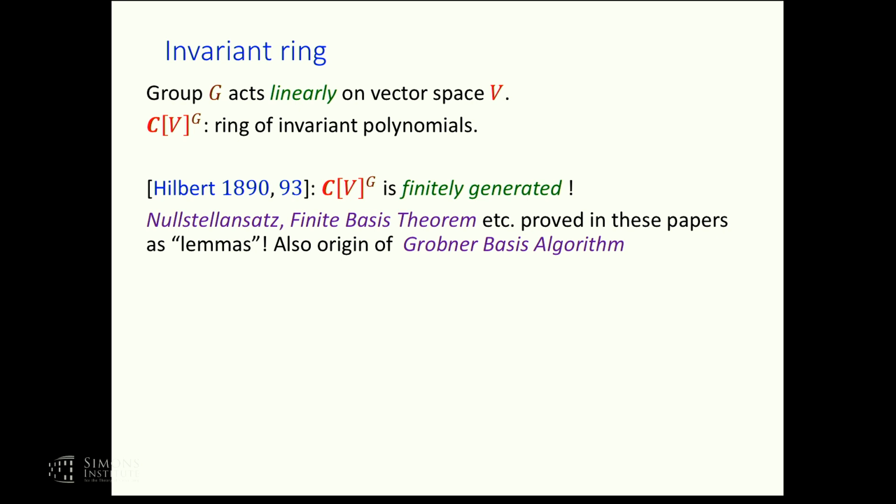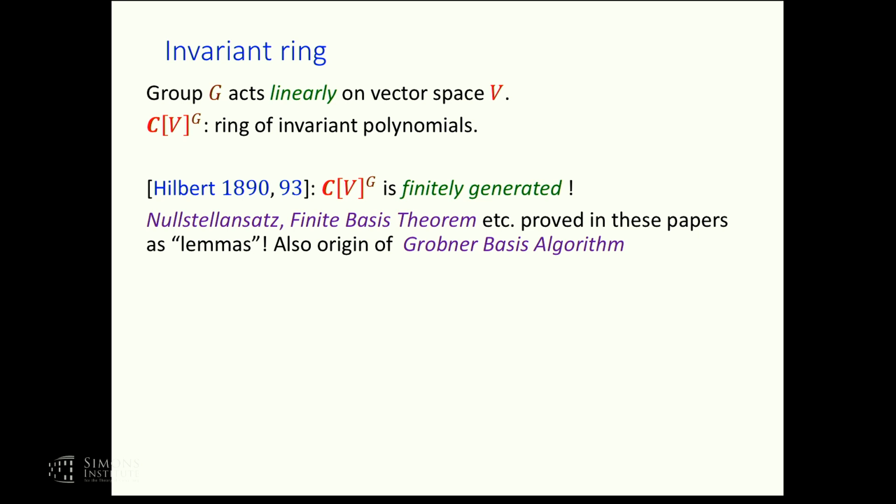It's sort of remarkable that lots of things that were so important for mathematics, commutative algebra, and also for us, like the Nullstellensatz and the finite basis theorem, and also algorithms like Gröbner bases, started there. These are things that Hilbert needed to prove as lemmas in order to get this invariant theory result. And they became, I would say, maybe even more important in mathematics than this result.